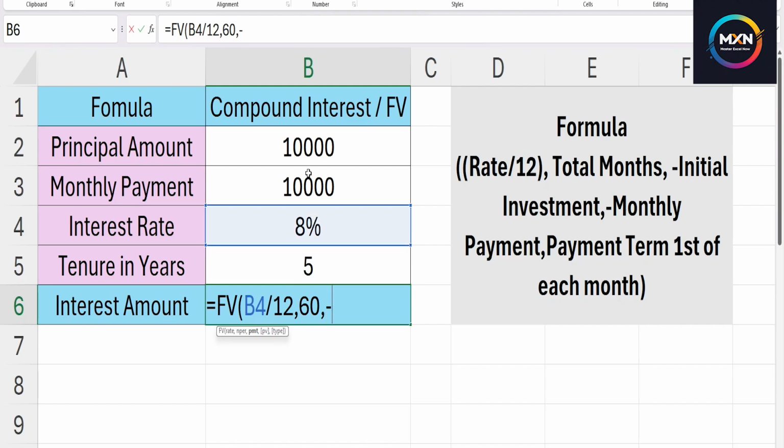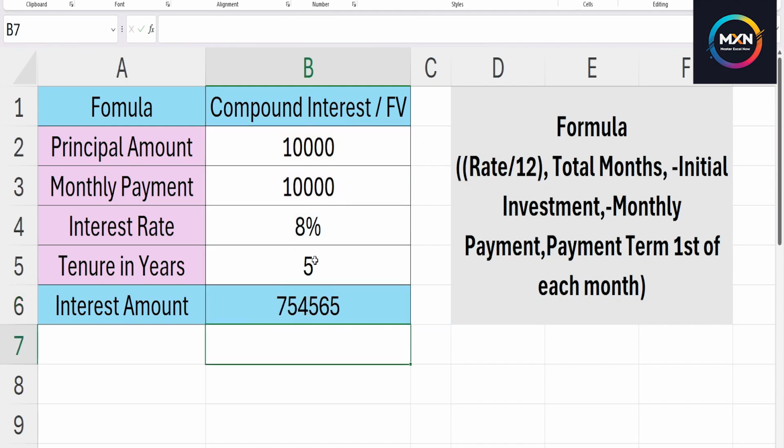So we will subtract initial investment when we are calculating this, comma, minus the monthly payment as well, because this is considered as an investment. And then the first of the month, the payment is done. Now, when we hit enter, we get the total amount here. So this is the future value, right?